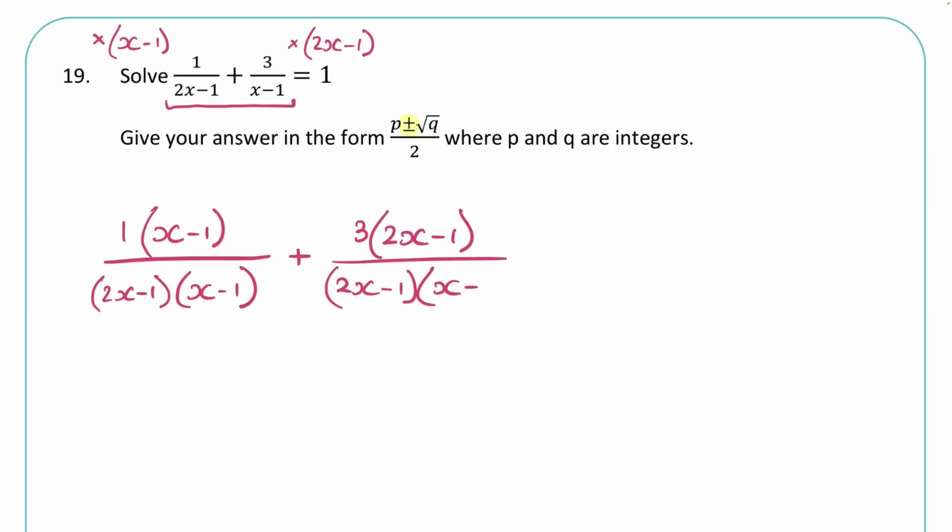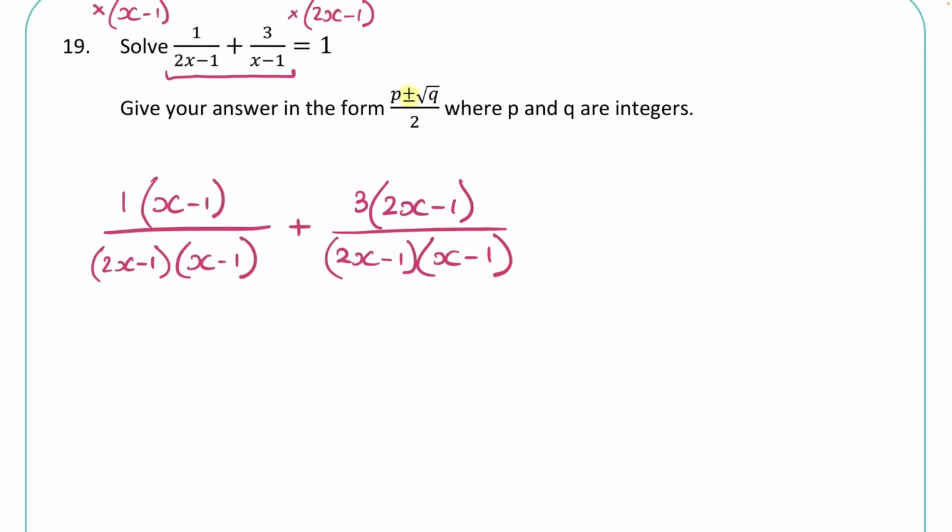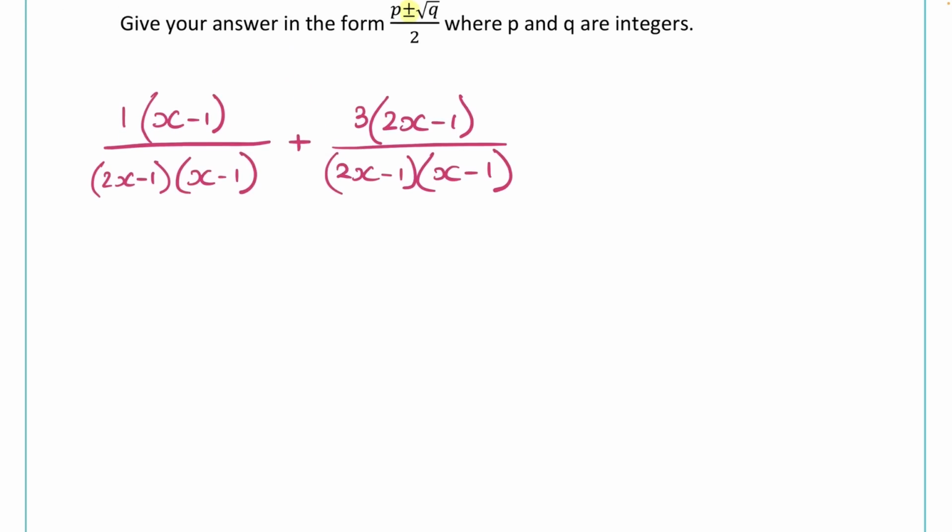2x minus 1 and x minus 1. Now of course that's all equal to 1, we don't want to forget that, but I do want to simplify this first and get it all put together before we worry about that equaling 1. So if I expand the numerator on the left fraction, we just have x minus 1, and we can expand this double bracket on the bottom. I'll do it all in one jump if I can, so that would be minus 2x on that bit there, that would be minus 1x.